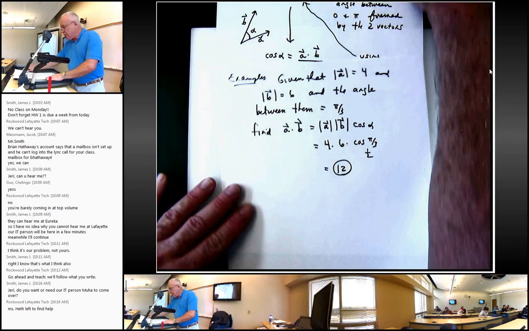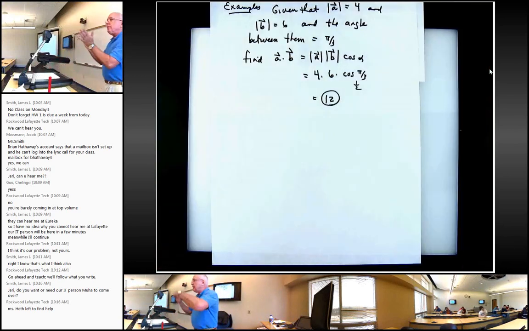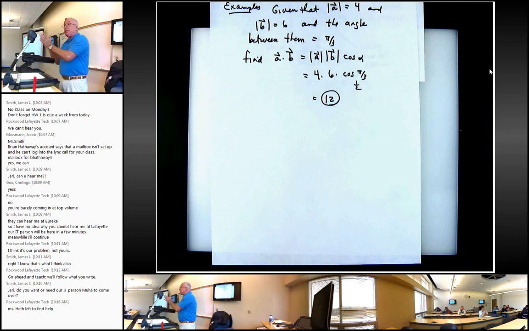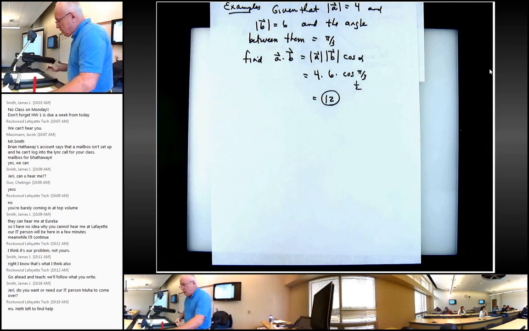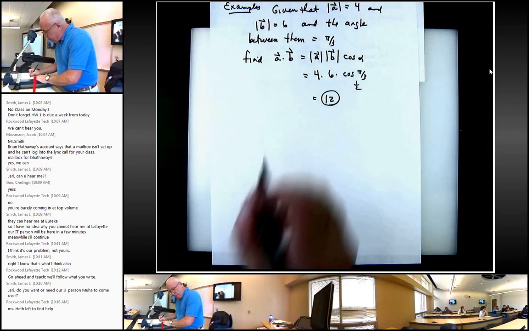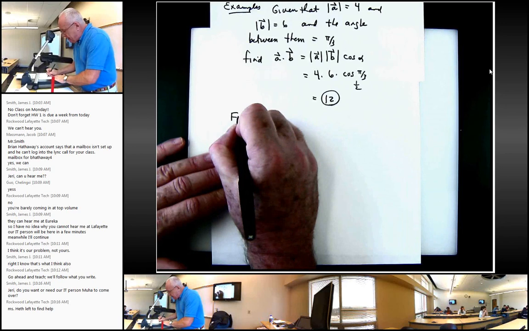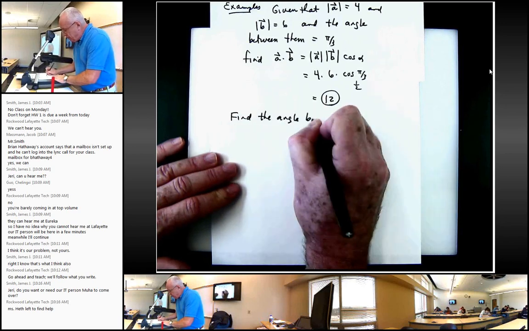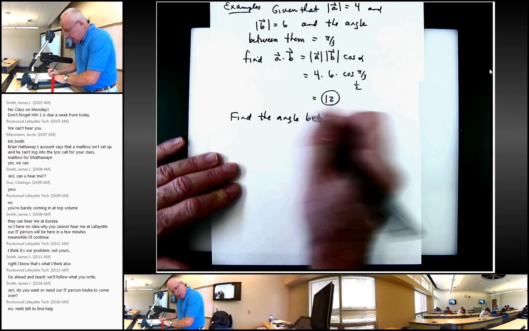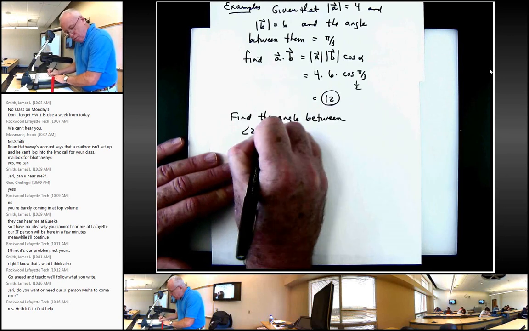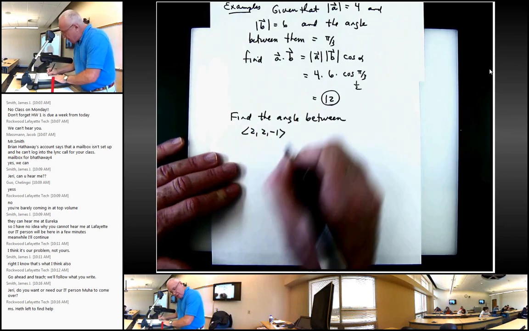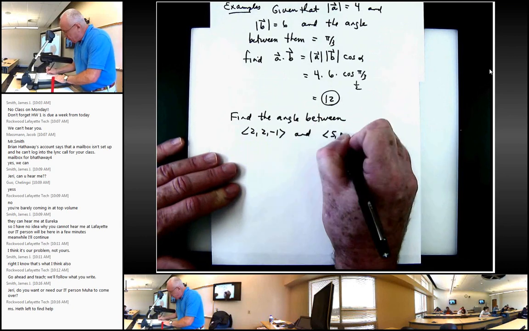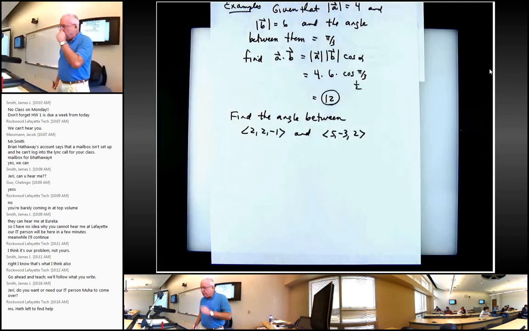Another thing we can do with this formula is that if we're given two vectors, we can find the angle between them. So let's find the angle between, let's say, the vector 2, negative 1, 2, and 5, negative 3, 2 as our other vector.